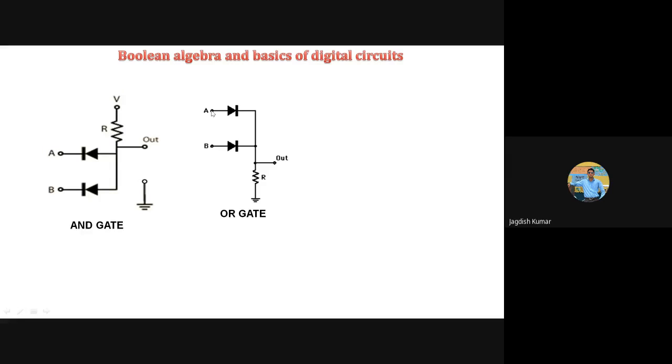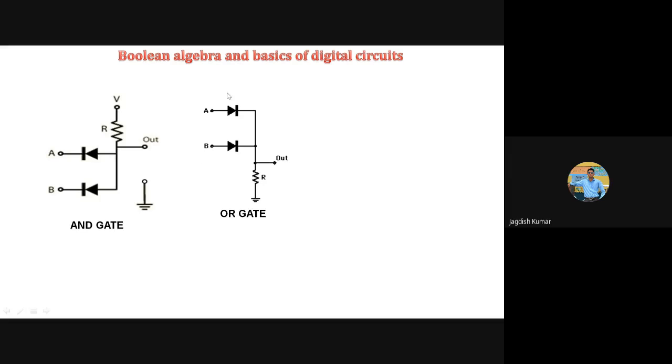If both A and B are 0, means at low voltage, this end of the resistance is at low voltage. This end of the resistance is also at low voltage because both the diodes are at 0 volt. So the potential difference across the diodes is 0 and hence no flow of current, and whatever is the output here will be the output here, and output will be 0. So when A and B both are 0, output is going to be 0.